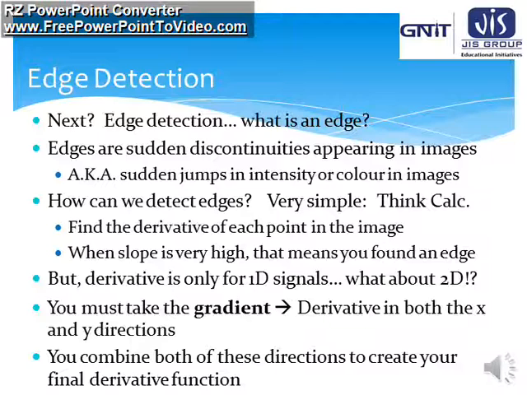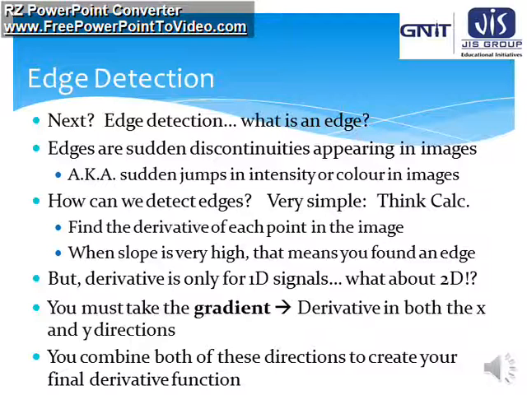That means if we want to do face recognition or fingerprint recognition, edge detection is a very important parameter. Not only that, if we want to perform segmentation, that means subdivide the entire image into small portions and identify a particular object, then this edge detection process is very important.